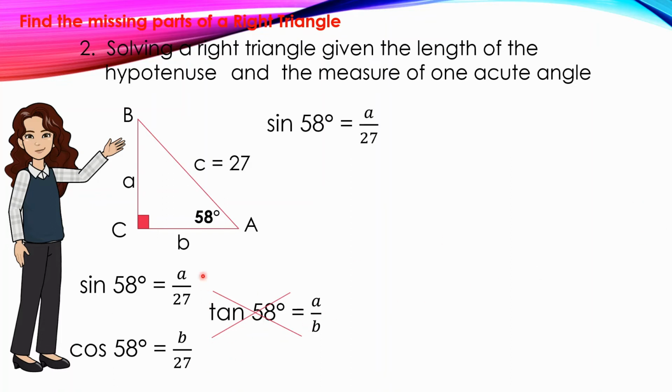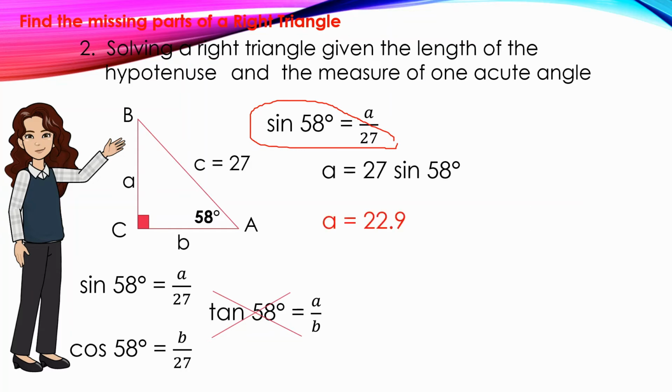So let's find the measure of side A using sine 58 degrees is equal to A over 27. You are going to cross multiply, so A is equal to 27 sine 58 degrees. Then you are going to press in the calculator 27, then sine 58, equals.